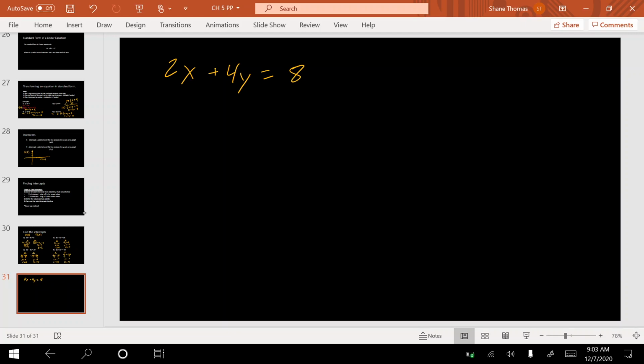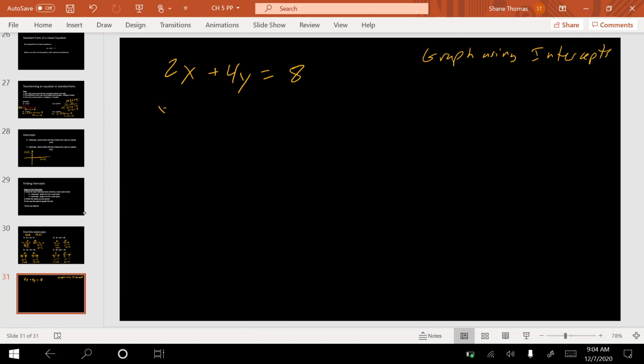Okay? Really, really simple. Now, if I say to you, I want to graph this using intercepts, we do exactly the same thing. Find your intercepts first.